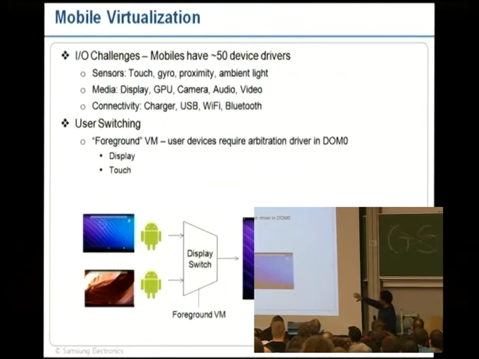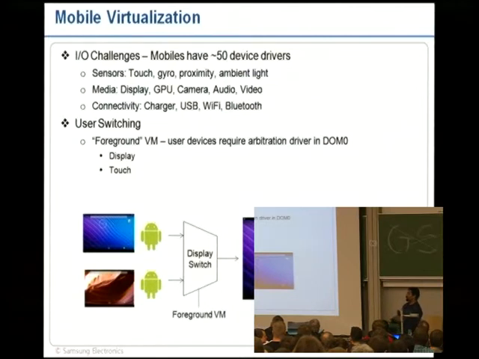So I'll be showing a video. Before that, a brief synopsis. There's something called the arbitration engine which we developed. What it does is, at a time only one OS will be visible to the user. This is the foreground domain, which we call.